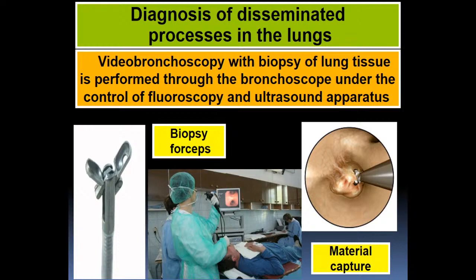Material from the bronchus, from the lungs, we should investigate, do histological investigation, and if we find giant Langerhans cells with this method, we can confirm tuberculosis.